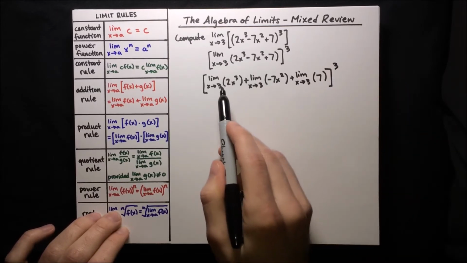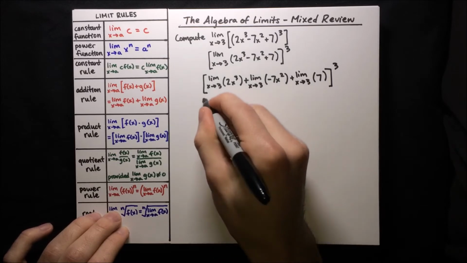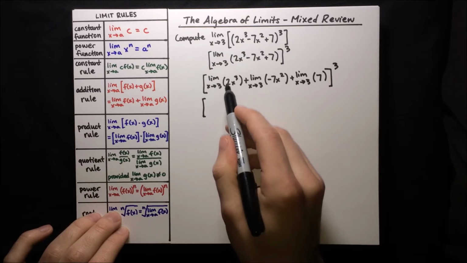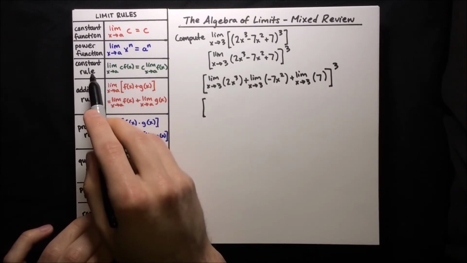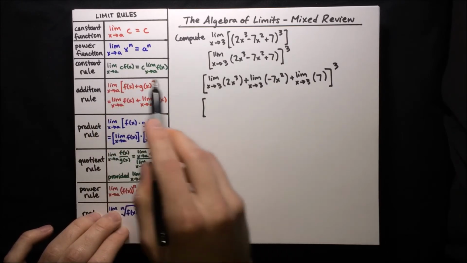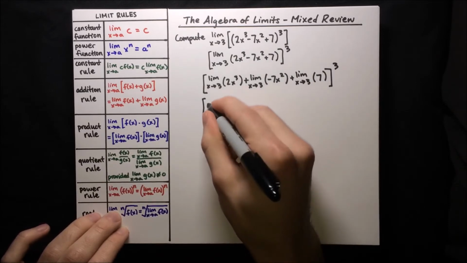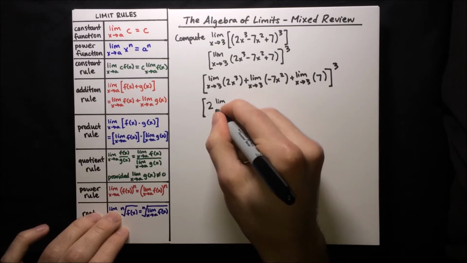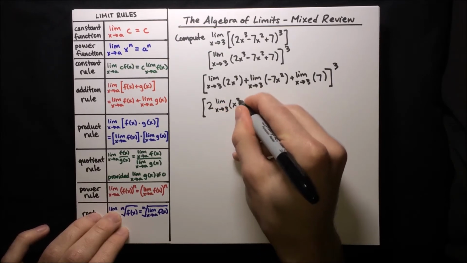Alright, so now let's go through these terms one by one and compute these limits. So the first term, limit as x goes to 3 of 2x to the third power. Well, we know from the constant rule that when we've got a constant multiplying a function inside of a limit, we can move the constant to the outside. So let's do that to simplify the limit. So move the 2 to the outside. 2 times the limit as x approaches 3 of x to the third.